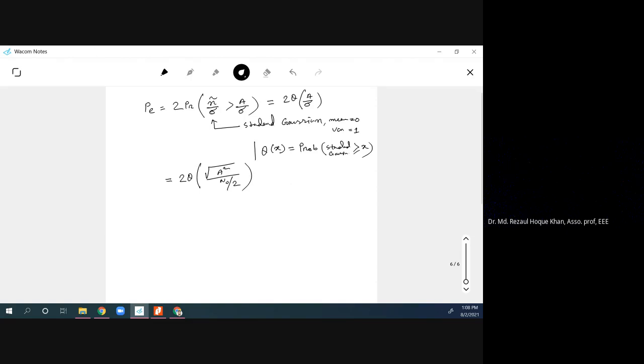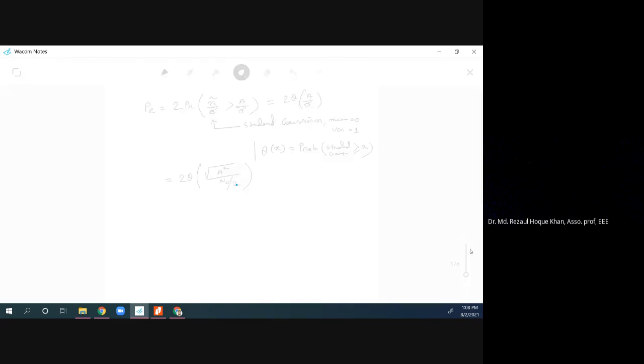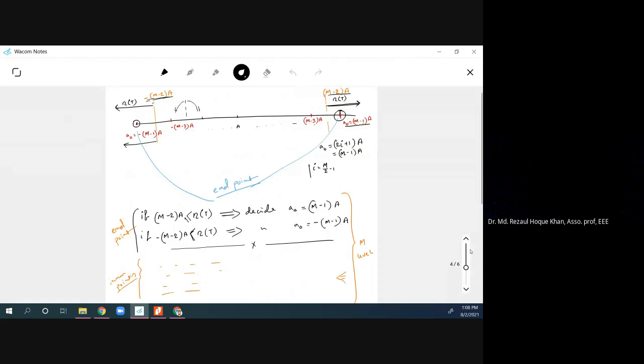So this is the probability of error for the inner points, or internal points.